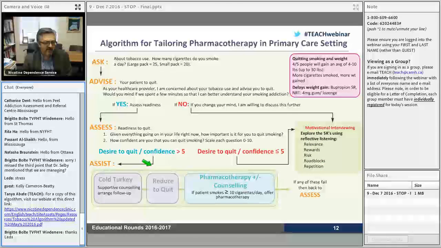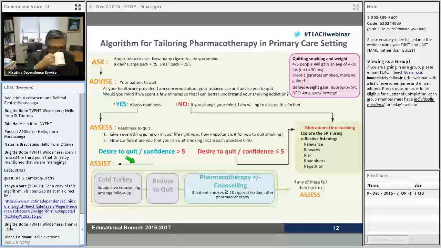So what does the assistance look like? Cold turkey is what people call it, and we've used the colloquial term because patients say they use cold turkey. But cold turkey often in their mind means that they don't get any help, they don't use any medications, but they're actually using various techniques to manage, behavioral techniques such as stimulus control, so not having cigarettes around, committing and self-talk, saying that they won't smoke.